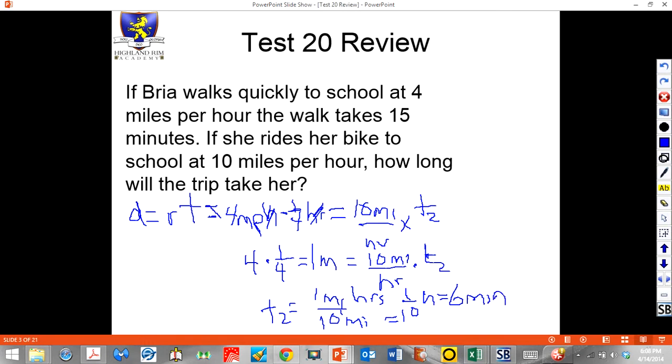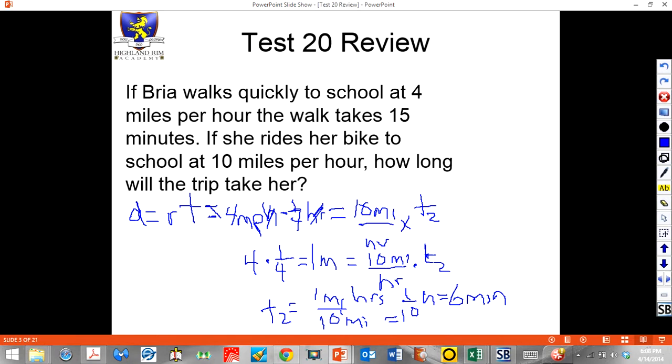See how we worked that out? We worked that out just to keep it in miles and hours. We could have just said rate times time is 4 miles per hour times 15 minutes is equal to 10 miles per hour times T2, and we would have come out with T2 in minutes.